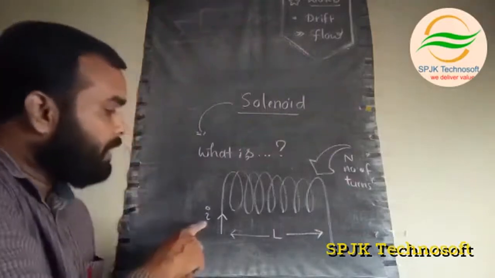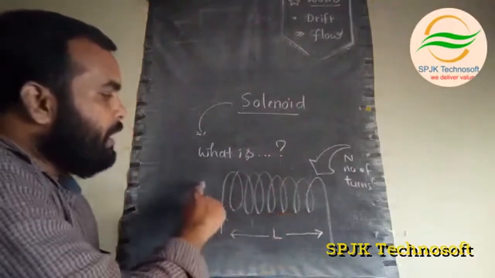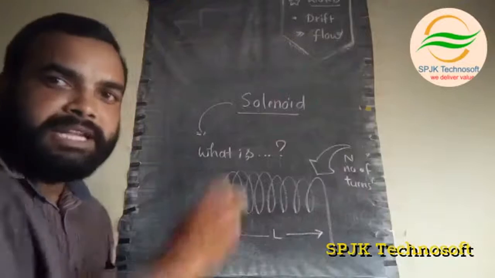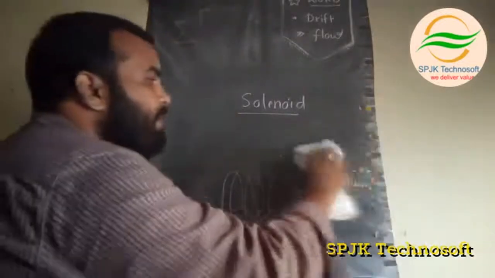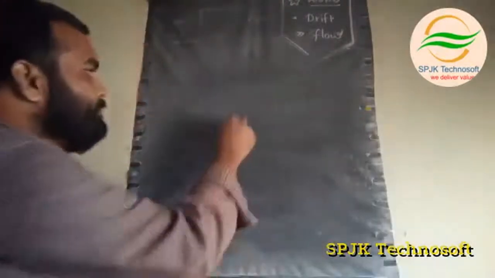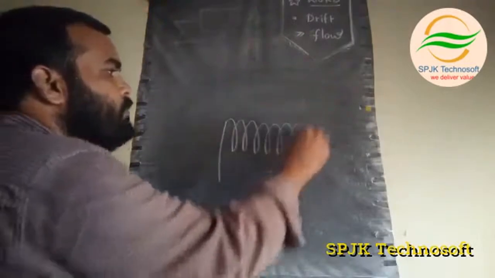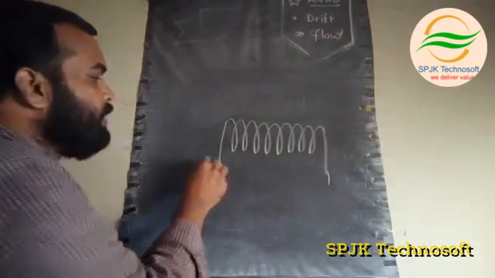What will happen when current flows here? When current flows through this coil, a magnetic field will be generated around it. Let us see the shape of the magnetic field. Suppose this is the solenoid in which current I is flowing.